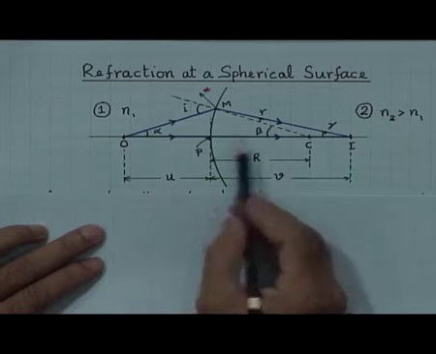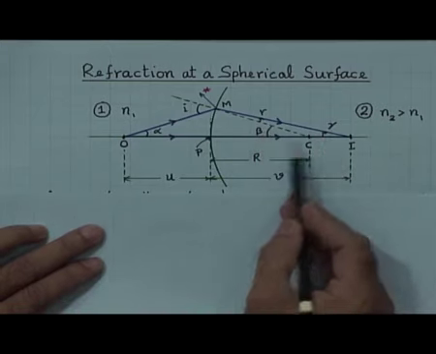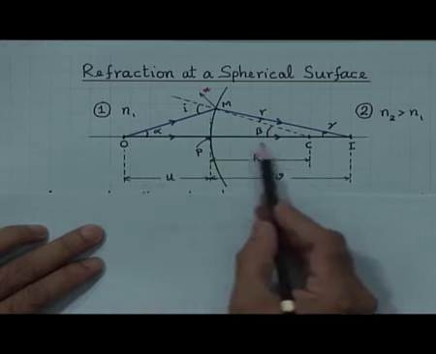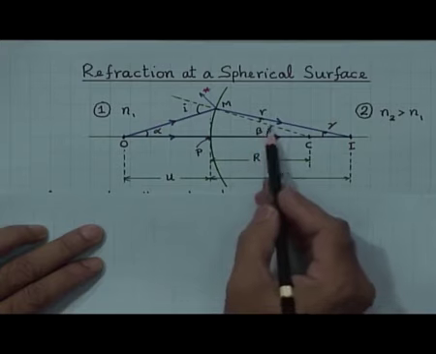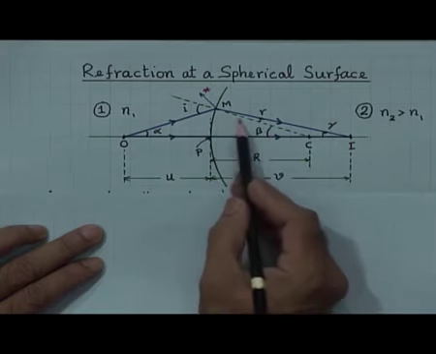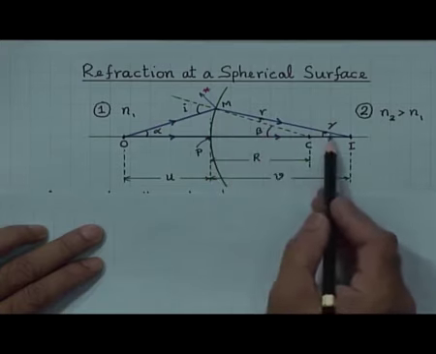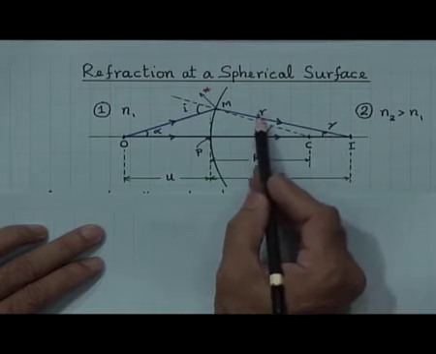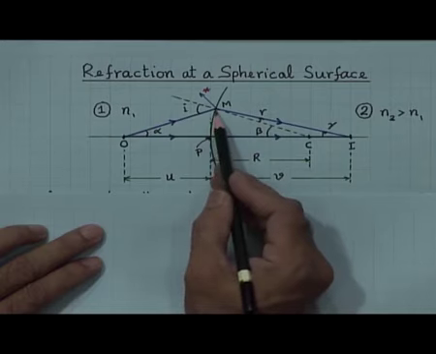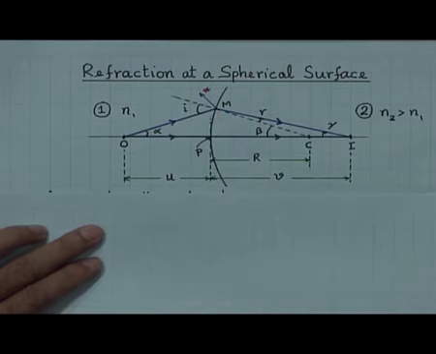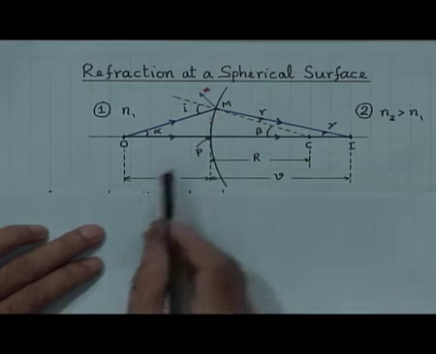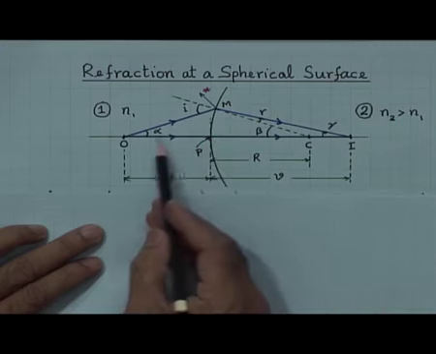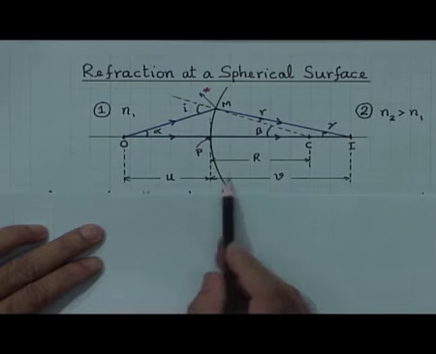Alpha, beta and gamma are the angles as shown in the figure. Alpha is the angle subtended with the axis, beta is the angle subtended by the normal with the axis, and this is gamma, and this is r, the refracted angle at the point of incidence M. The distance from the surface at the point P to the object position is the object distance u.